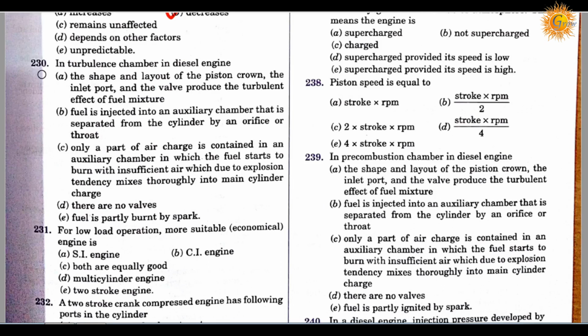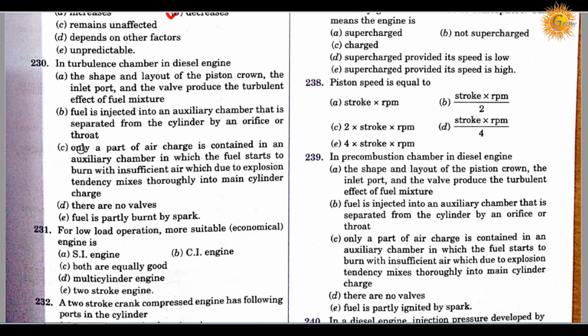Question number 230. In turbulence chamber in diesel engine, option A, the shape and layout of piston crown, the inlet port and valve produce the turbulent effect of fuel mixture. Option B, fuel is injected into an auxiliary chamber that is separated from the cylinder by an orifice or throat.